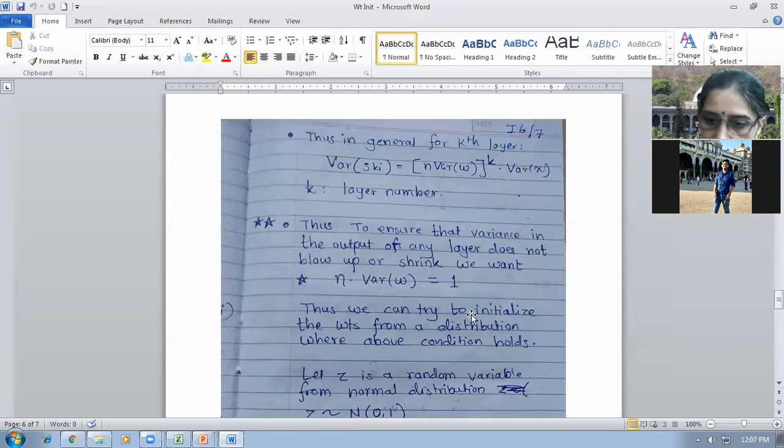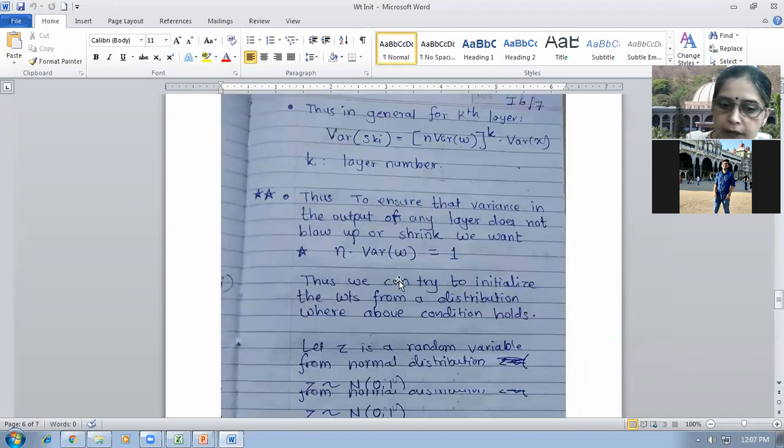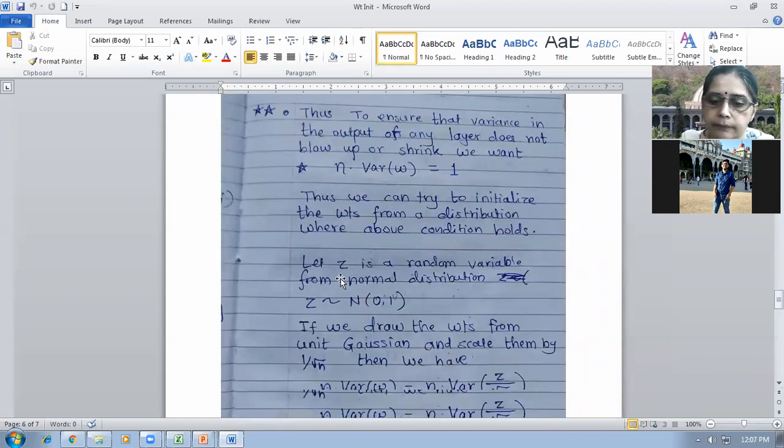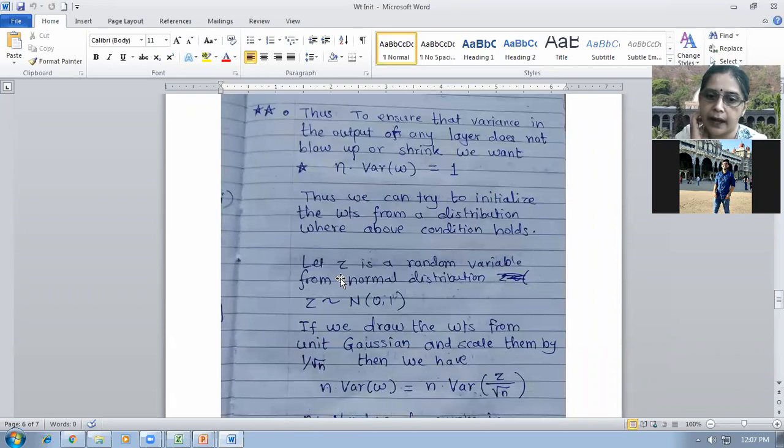And thus we can try to initialize the weights from a distribution where this condition is satisfied. Let z be a random variable from a normal or Gaussian distribution, so z is N(0,1), where 1 represents variance and 0 is zero mean.